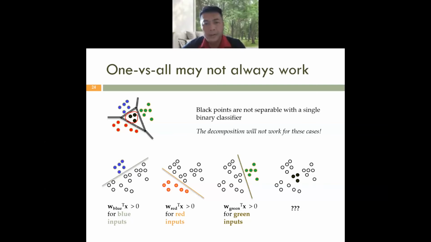This is the issue you can investigate, and many people have also proposed a few solutions on how to improve this classifier. That's why when you use different types of classifiers for multi-class classification, you will have different performance accuracy, because some of them cannot cover the black dots here.